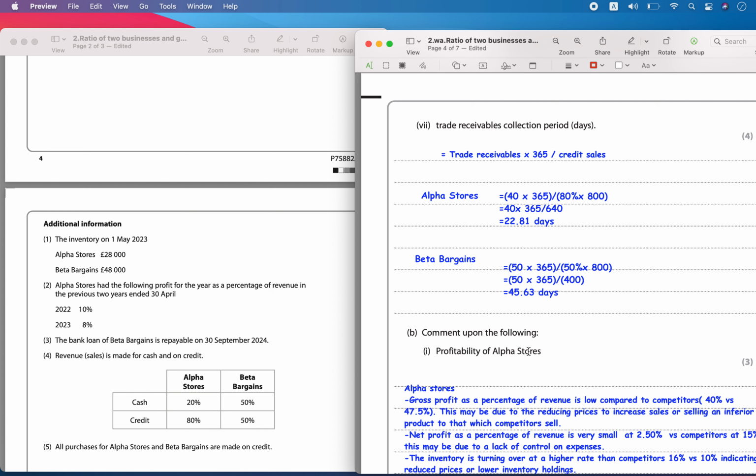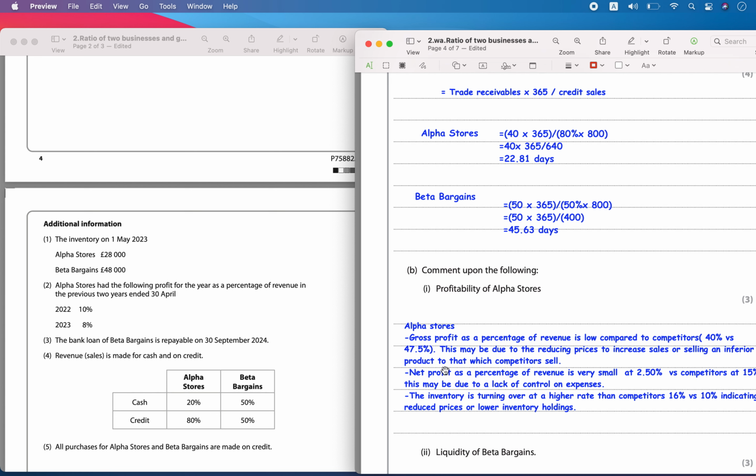Now let's comment on part B. Comment upon the following: profitability of Alpha stores. Let's use some of the ratios which we had calculated. Profitability ratios are gross profit margin, net profit margin, and inventory turnover.